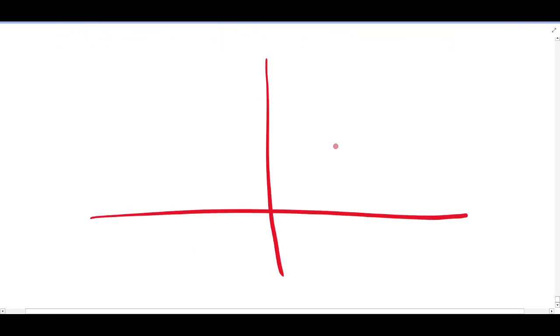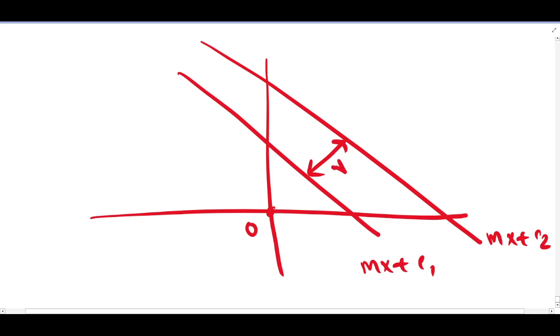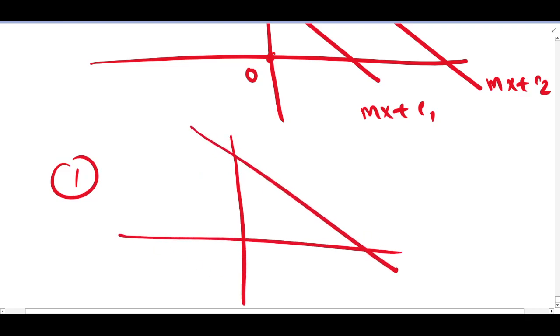So suppose we have a Cartesian system and there are two lines. This line is y equals mx plus c2 and this line is y equals mx plus c1, and this is the origin. So we have to find the perpendicular distance between the two lines. Suppose we consider the first line, mx plus c1, and its distance is d1 from the origin.